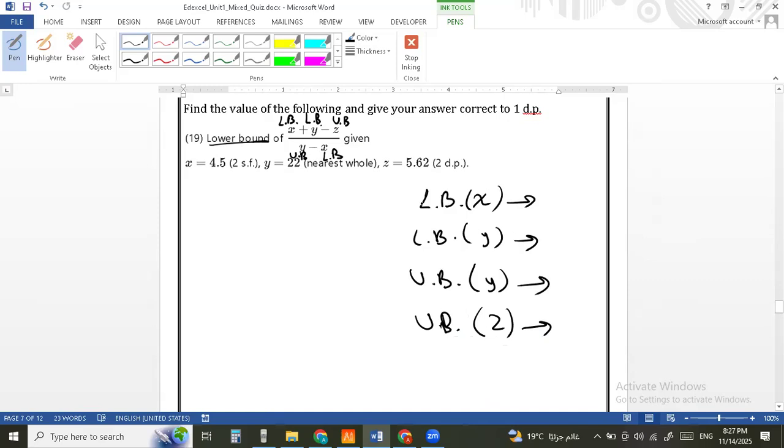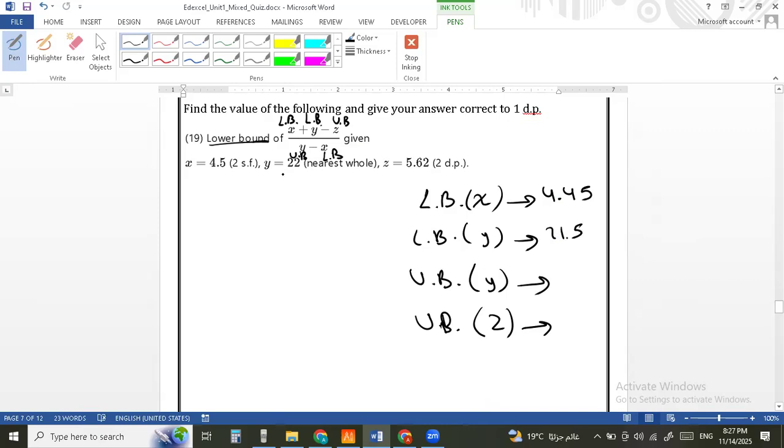Lower bound of x. X is rounded to two significant figures, so I'm going to subtract 0.05 from it. You're going to find that it's 4.45. That's the lower bound of x. Lower bound of y, it is rounded to the nearest whole number, so minus half, 21.5.